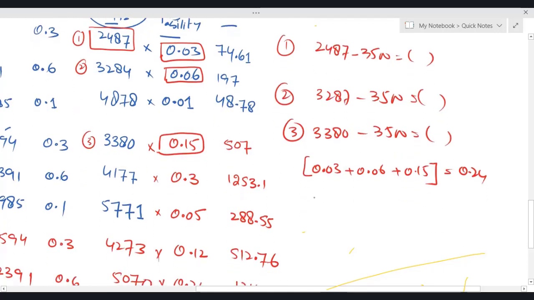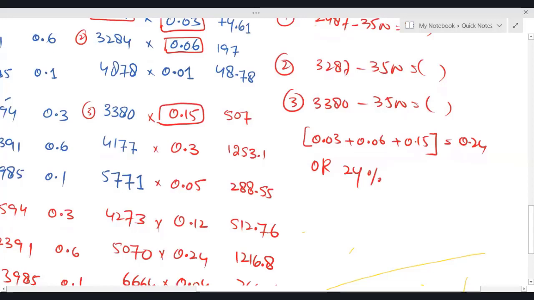There is a 24% probability that NPV will be negative.